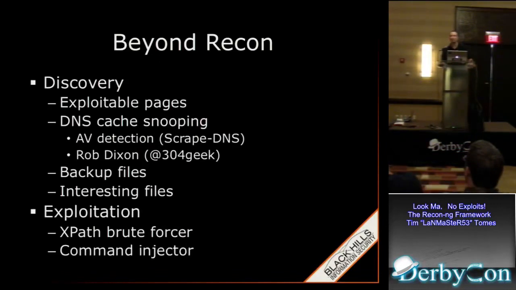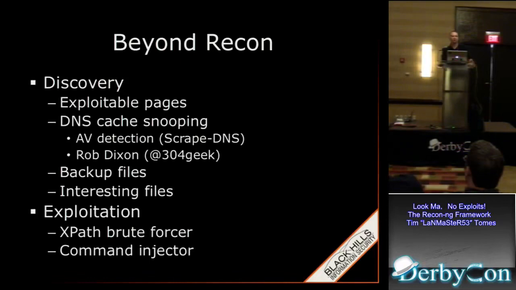It's really nice for trying to detect what AV is running on your target network. We also have discovery modules that look for backup files in certain spaces and interesting files such as server status, and I think it's ELMAH on .NET. Basically, they're server status pages that are public facing. Right, so some good information you can get through these discovery modules.